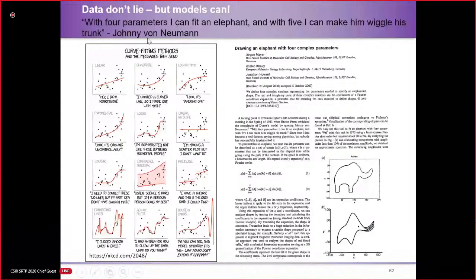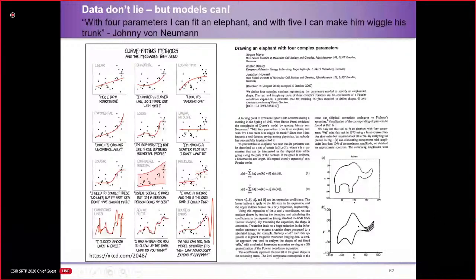There's only one Neumann. He was one of the most famous physicists, mathematicians, computational scientists. He once said that with four parameters, I can fit an elephant, and with five, I can make him wiggle his tail.